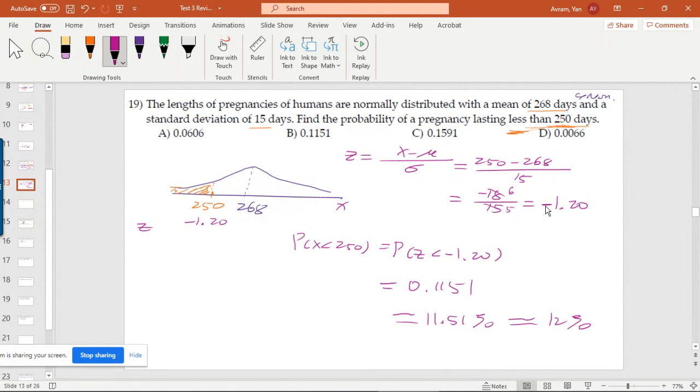So if you are a nurse or doctor in a hospital delivery area, you need to know and get ready for that, right? Around 12% of babies will be born prematurely. All right, so that is this kind of statistic.